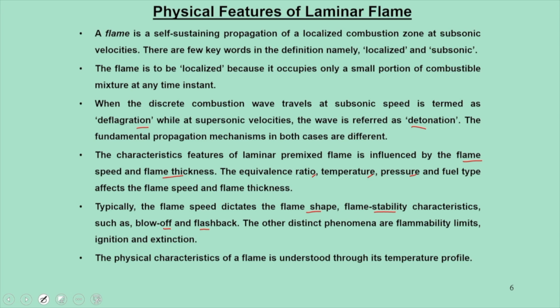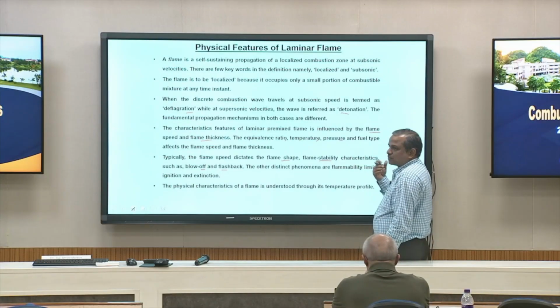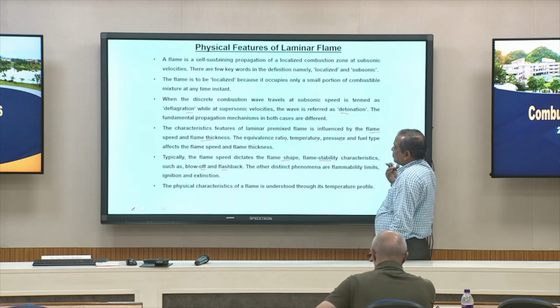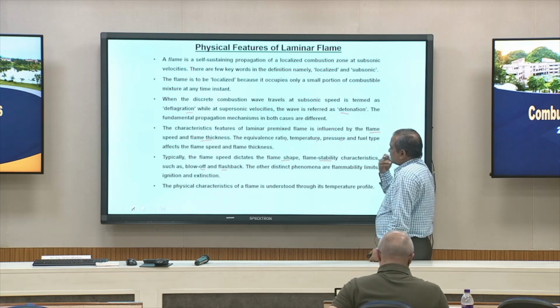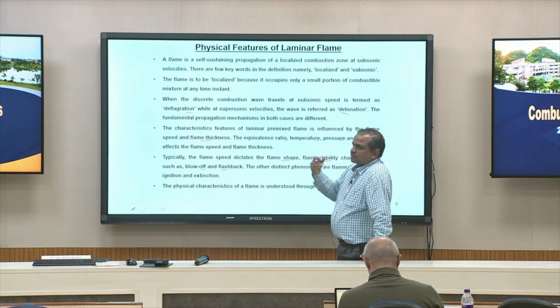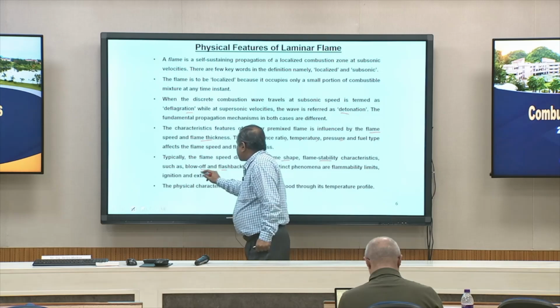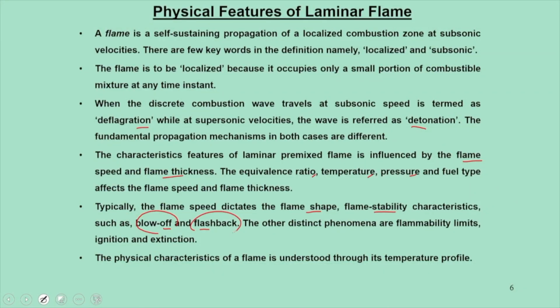That means if the flame has sufficient momentum, it can move towards the unburned gases and burn them. If it doesn't have it, there are chances it can flow back. And if it has more momentum, the flame will move faster. So two situations can arise: one is blow off, the other is flashback. Those things we will try to discuss.